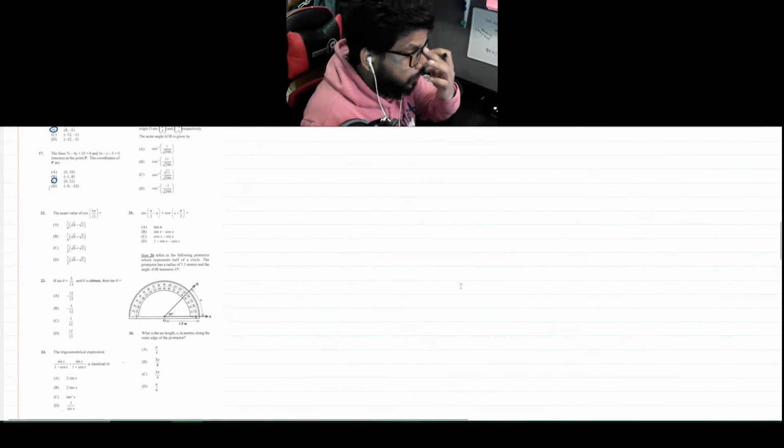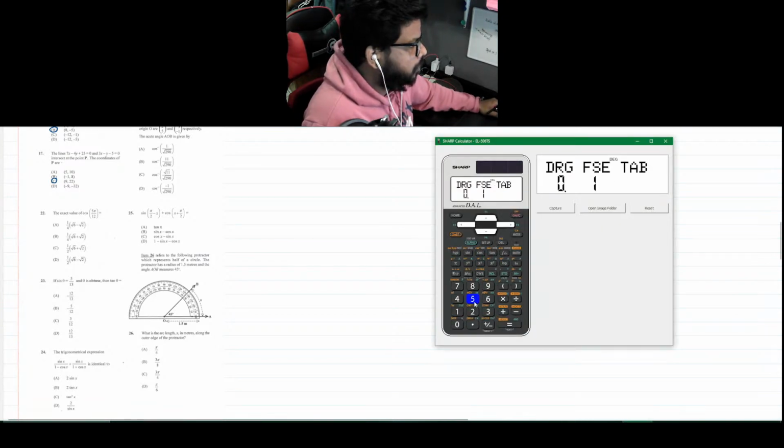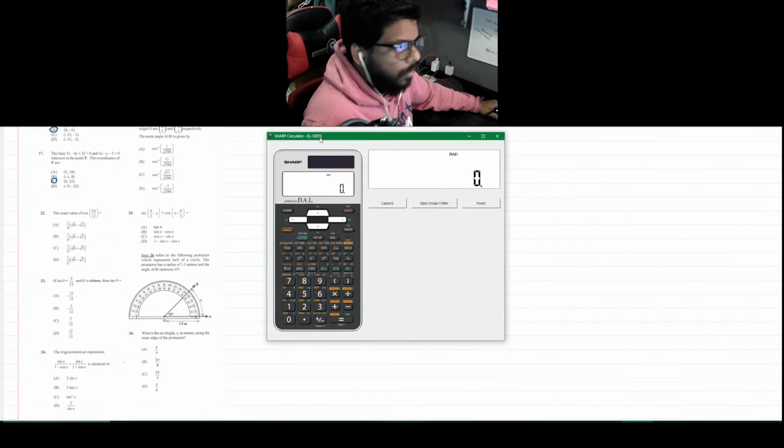The exact value of cosine of 5 pi on 12, again, make life easy for yourself. Change to radians, 0, 1. Cosine of 5 pi divided by 12 equals that, stored at A. I check A, B, C, D, and take it away from the exact value of cosine 5 pi on 12 and see if I get 0.